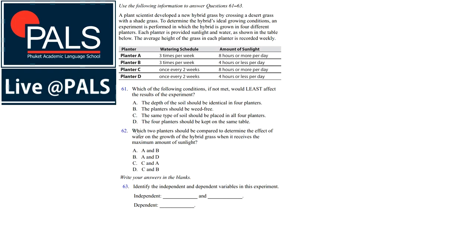So the least I would say is the same table, because we are regulating the amount of sunlight per day anyway, so the position on a table would most likely eventually affect the amount of sunlight, but since this is controlled, I would go for this. The others may all affect the growth of the grasses. The depth of the soil means the amount of space that roots have available to grow.